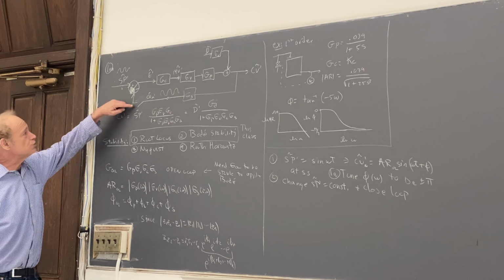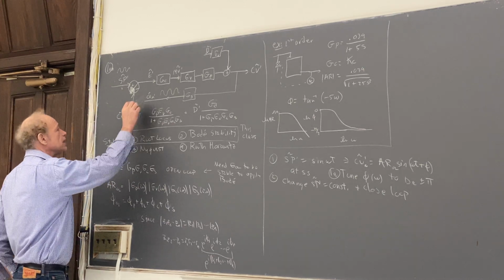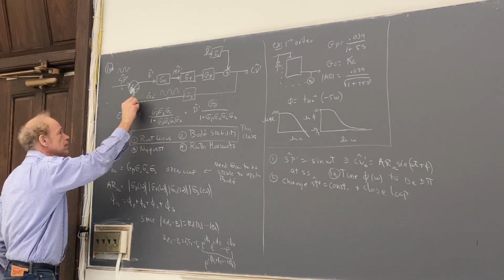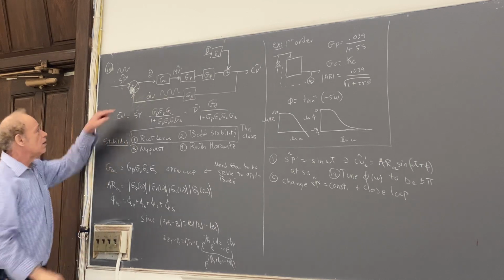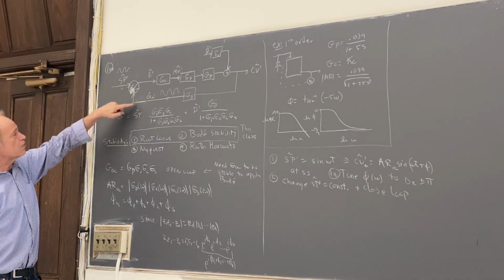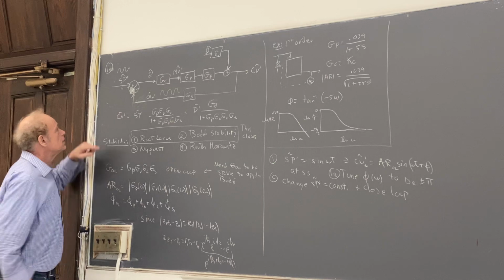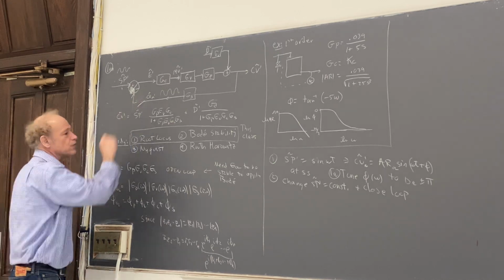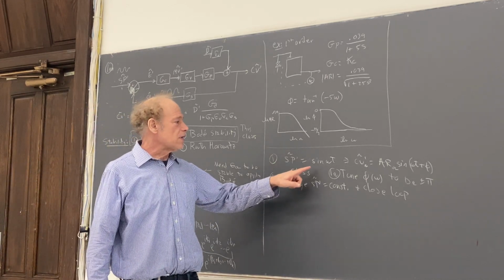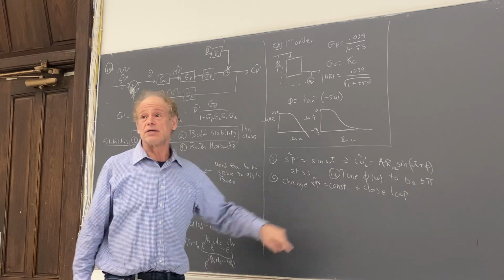So when I close the loop, and I introduce the minus sign, notice that I've changed SP prime to a constant.